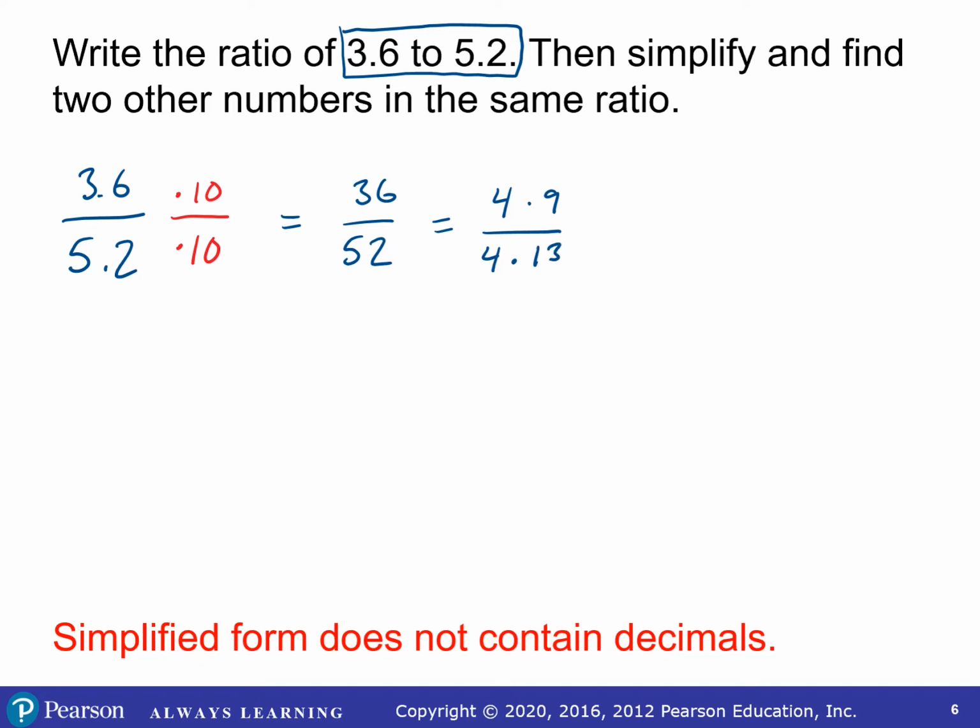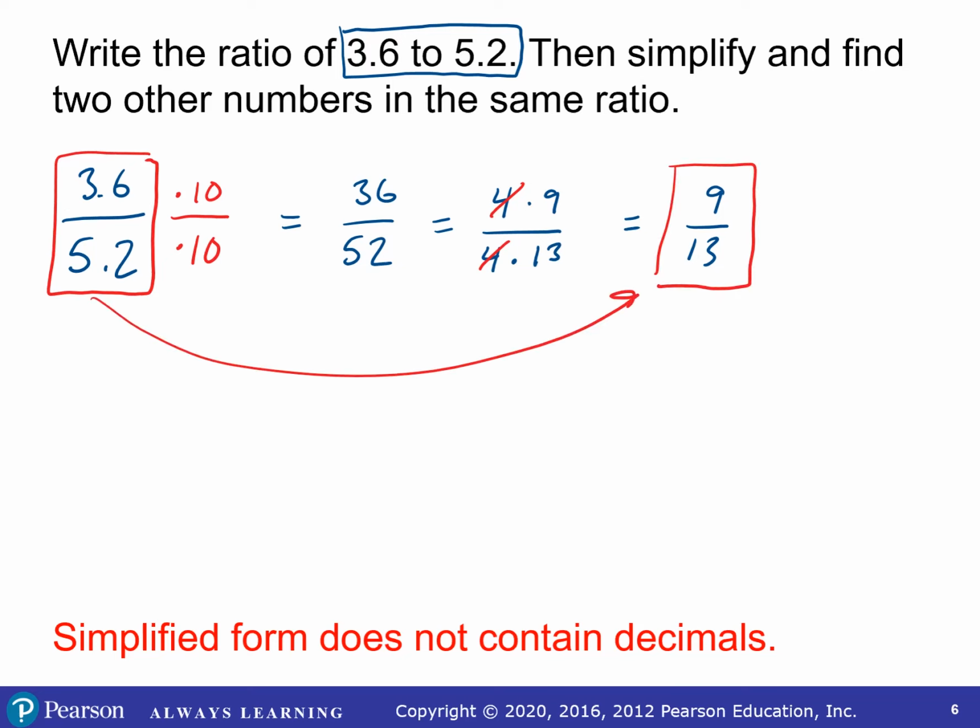So they have a factor of 4 in common. We could cancel that off, and the simplified or equivalent ratio would be 9 over 13. So this initial ratio is unsimplified, and this final equivalent ratio would be considered simplified.